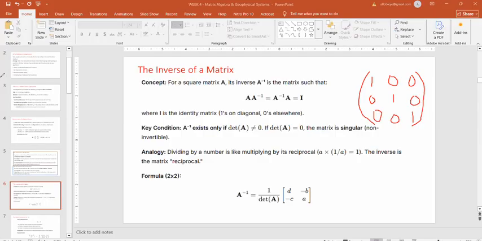So this is an example of that identity matrix, and this is for a 3 by 3 type of matrix.